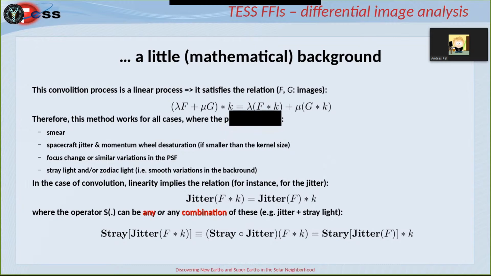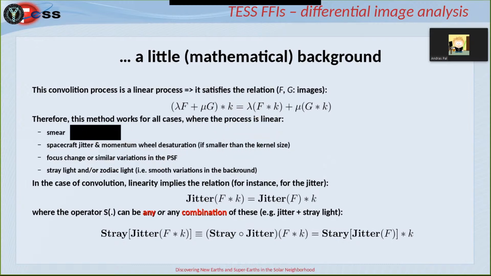If lambda and mu are constants, real numbers, then we can make this rearrangement: first we do the convolution, multiply with these constants and add back, and it results in exactly the same image as when we apply the linear combination first and then do the convolution.